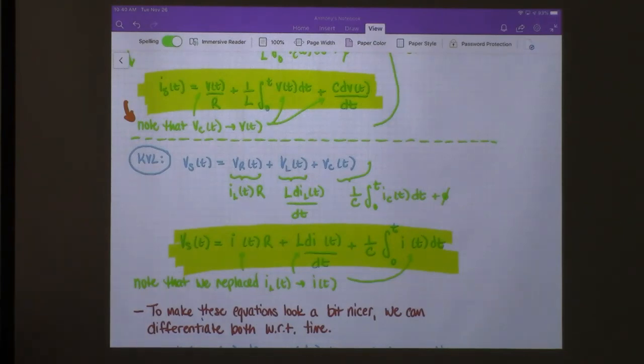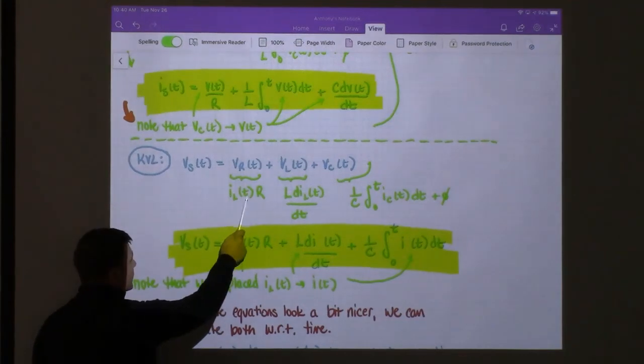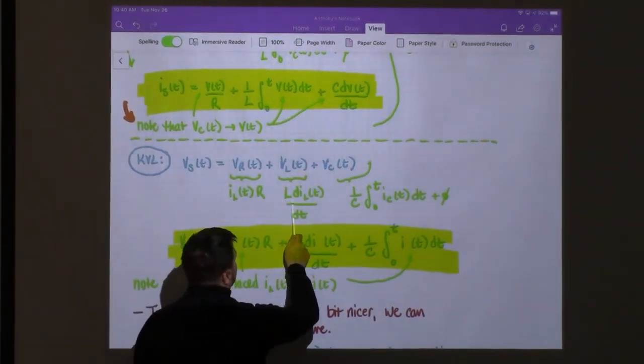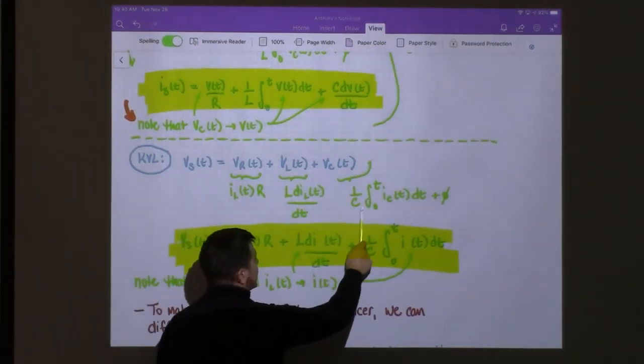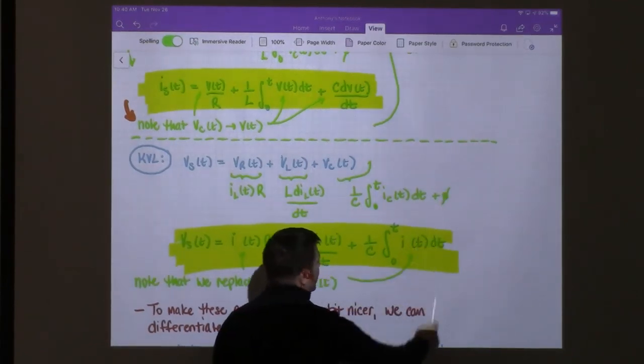And we'll do our substitutions again. VR, this will be using Ohm's Law. VL is L di/dt. And then VC is 1 over C, the integral from 0 to t of I(t) dt, plus, assuming the initial condition is 0.